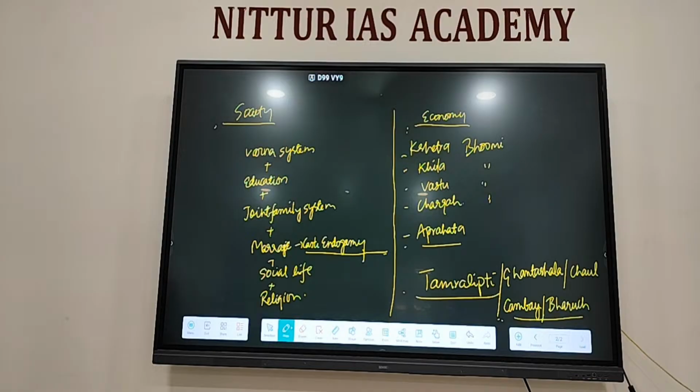Donation to temple and monasteries became the major element of the guild system.